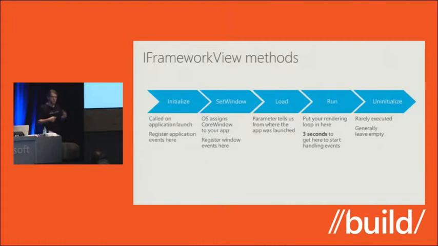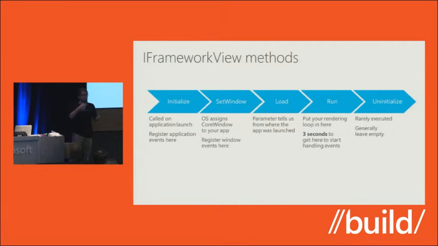The IFrameworkView is essentially something you will implement. You're going to inherit from this class called IFrameworkView, or it's in the templates or all the samples so you can view it there. You're going to implement this, and you're going to override five functions: Initialize, SetWindow, Load, Run, and Uninitialize. Now, you might not have code in every single one of these, but what's happening is the operating system goes into, first, the Initialize function, doing the application level stuff.